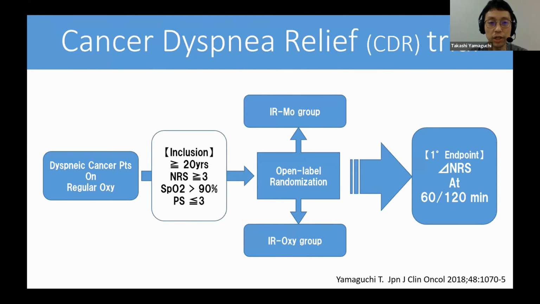And we randomly assigned them to the immediate release morphine group and the immediate release oxycodone group. This is an open label single dose study. And we evaluated the changes of the NRS from the baseline at 6 minutes and 120 minutes after administration of the study drug.